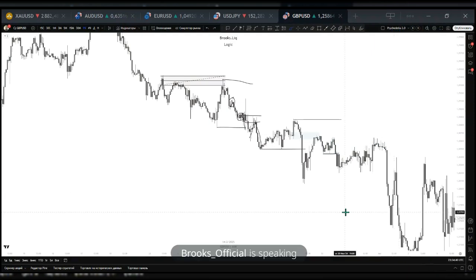I corrected something in the group chat the other time, where I was trying to make you understand that you don't mark out your supply, your failure swing, like this. Why? Because this is just one swing. If price does not take out this high, I don't have a failure swing.